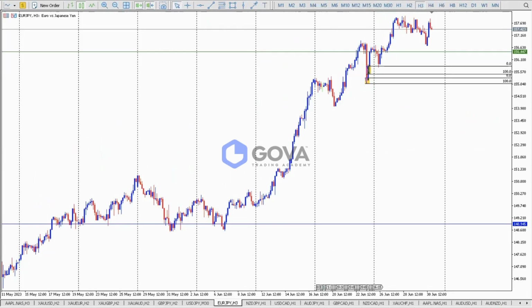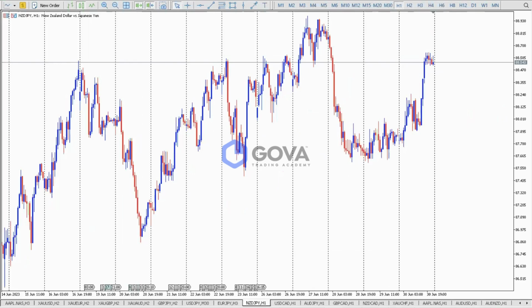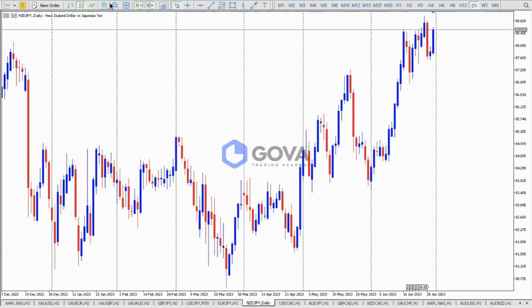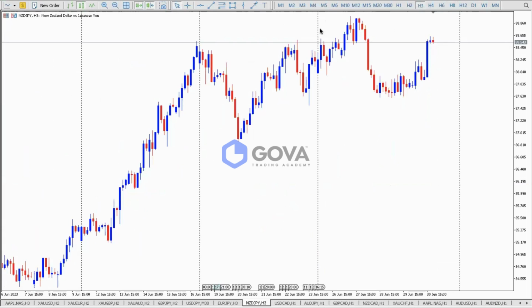Now let's go to NZD-JPY. On NZD-JPY, this is what we have. This is the monthly EQ. The weekly EQ is here.